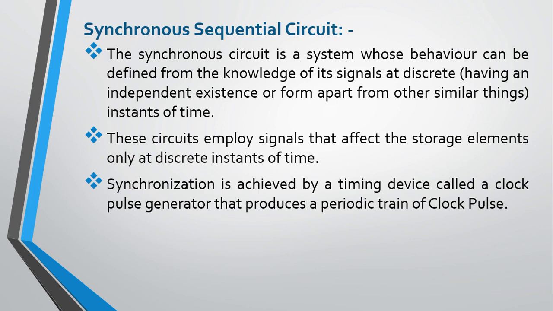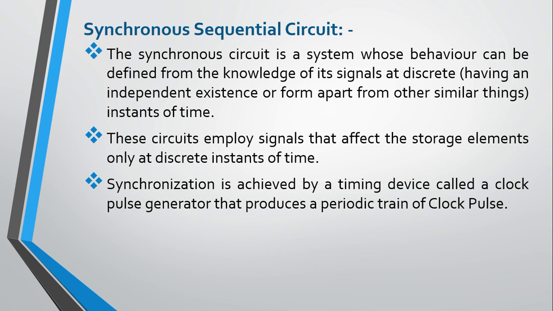It is in the form of a sequence, and our first pulse is connected with the next pulse, right? Synchronization means what? It is a combination. So synchronization is only achieved by the clock pulse. If you do not have a time device which is responsible for generating clock pulses, you are not able to achieve synchronization.